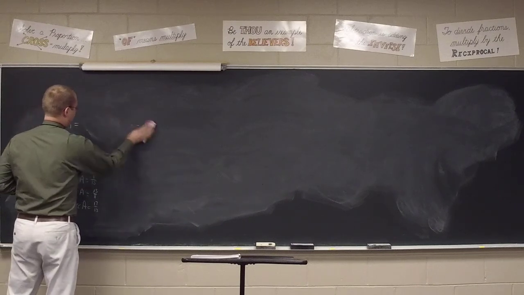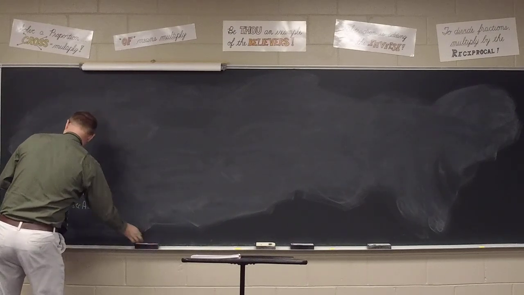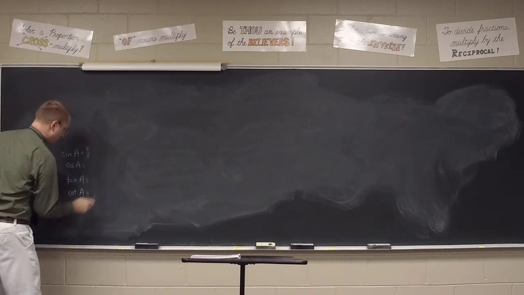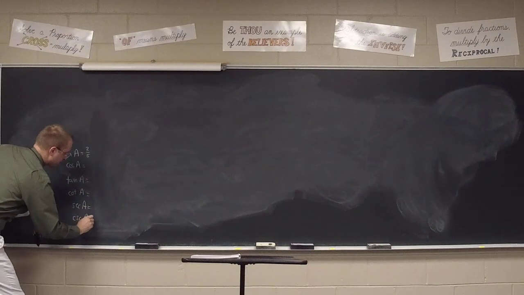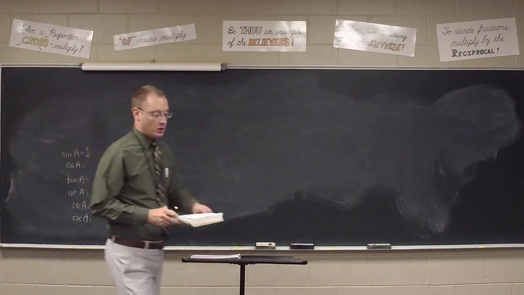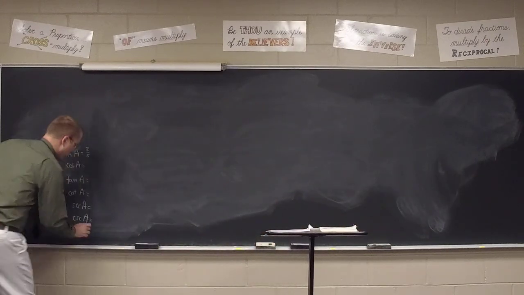All right, let's take a look at the next one here, where we were given that the sine of A is 2 to 5. And of course, if I'm given the sine of A is 2 to 5, I should go ahead and get the cosecant to be 5 over 2.